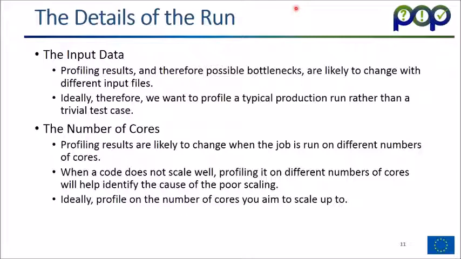So you might have a number of subroutines in your code, and you'll see that some of those subroutines are scaling well and others aren't, and that will help identify why your code isn't scaling. But ideally, you want to profile on the number of cores you aim to scale up to when you do production runs of your code.